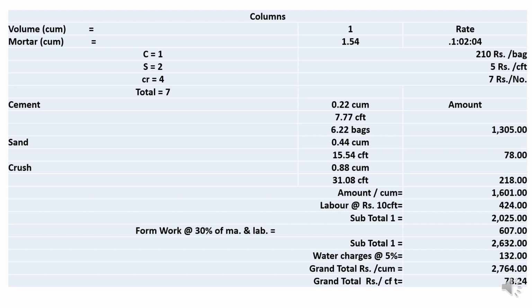Labor 10 rupees per CFT will be 424, total will be 2025. Form work for the column will cost you 30% of the material plus labor, that is 607, the total will be 2632, water charges 5% 132, grand total 2764, grand total will be 78.24 per CFT.